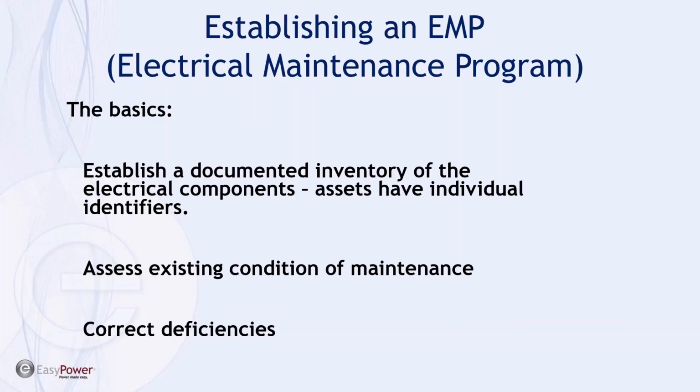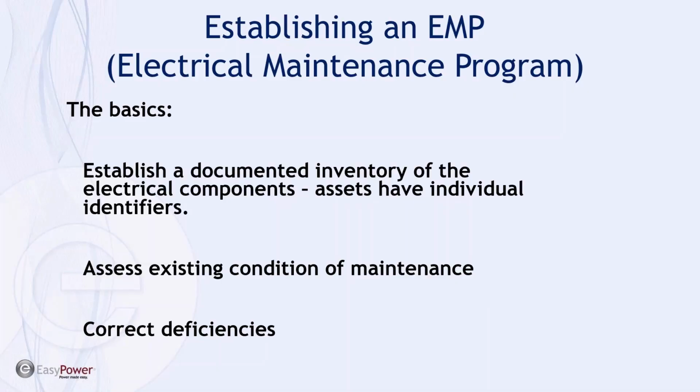So Chapter 4 of the 70B standard speaks to a development of an electrical maintenance program and gives us some of what I'll call table of contents references there. So simply put, 70B says we shall now have an electrical maintenance program.